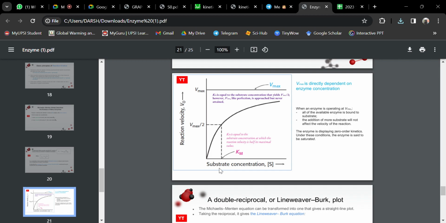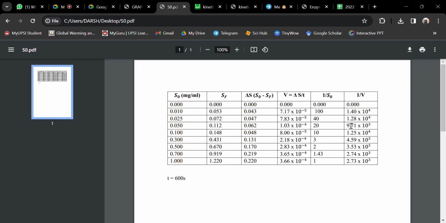Okay. If you look at the data that you have with you right now, if you plot velocity against substrate concentration, mana yang tadi tu? If you plot that velocity, V tu, velocity tu tadi siapa?